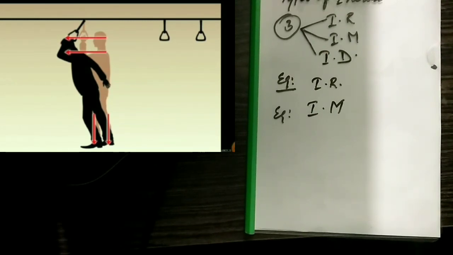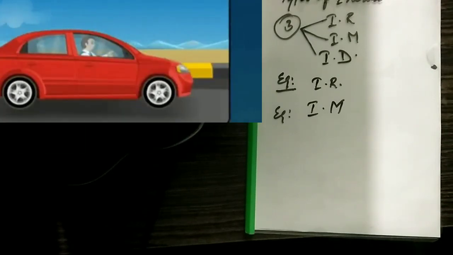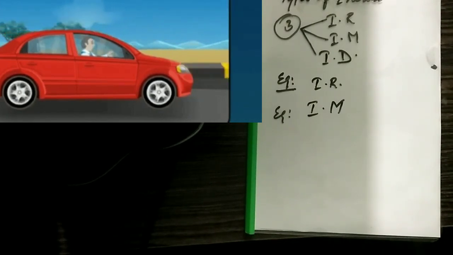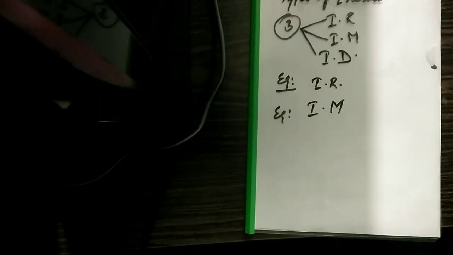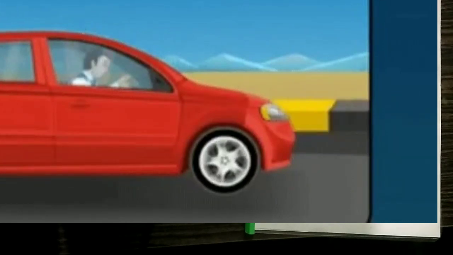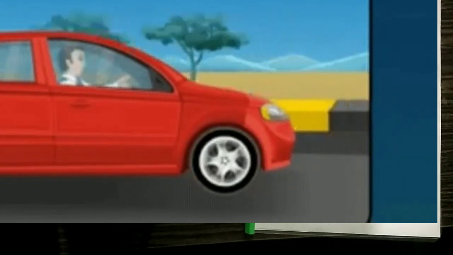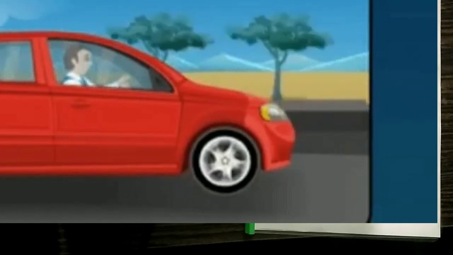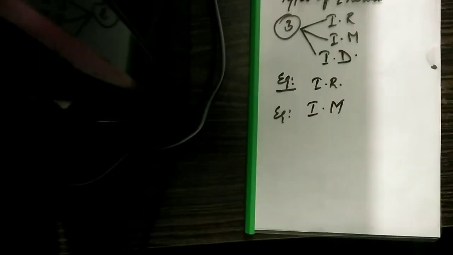The reason is the legs in contact with the floor of the bus come immediately to rest along with the bus, but the upper body still maintains the same velocity of motion. When the bus is in motion, whatever velocity it is maintaining, the upper body continues to maintain the same velocity. That is the reason the person falls forward.